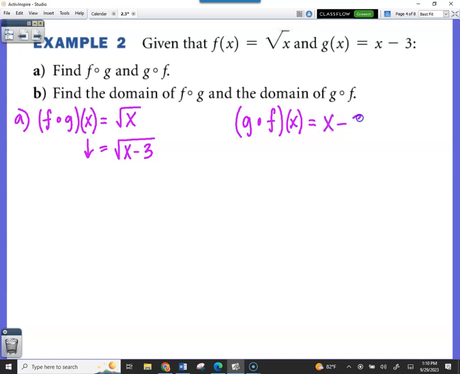Okay, and then what do I beep out? Beep minus 3. And what goes in? Square root of x. I'm just going to drop the parentheses. Carefully note that the minus 3 is not under the radical. Okay, so that's all of that.